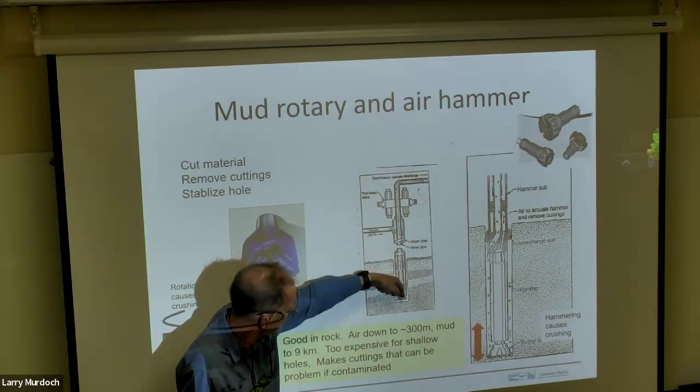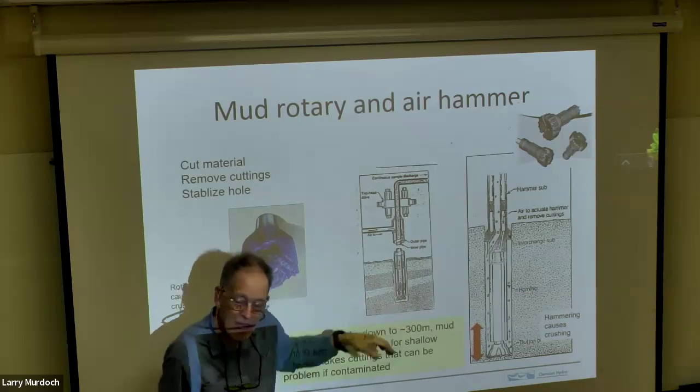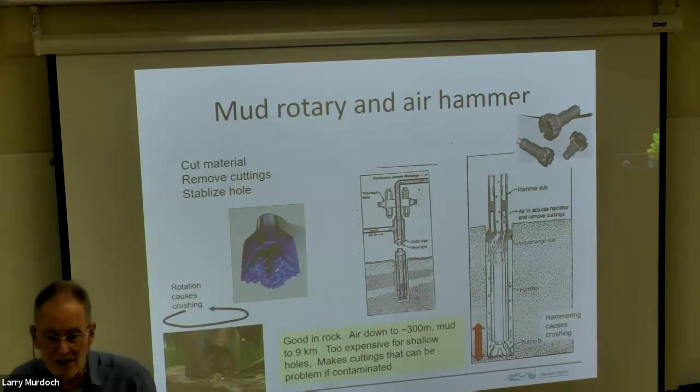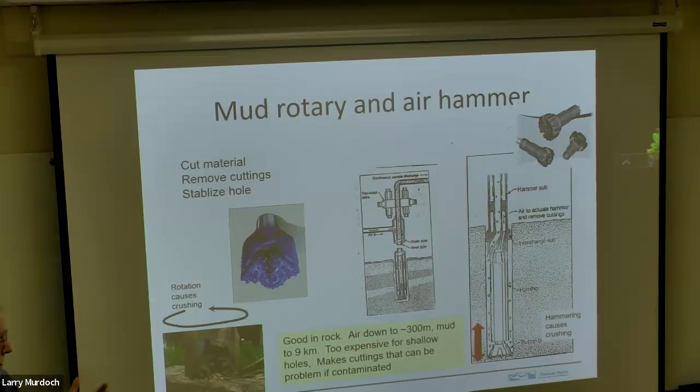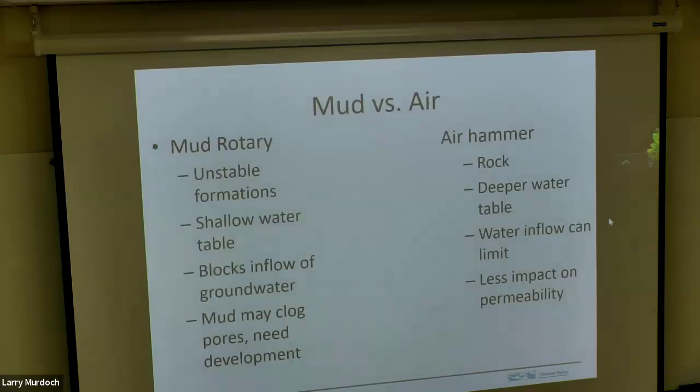And then the air is vented out the bottom, and the air is going fast enough to bring the particles of rock out as kind of like sandblasting. That's called an air hammer. So these are both techniques that'll go through rock.